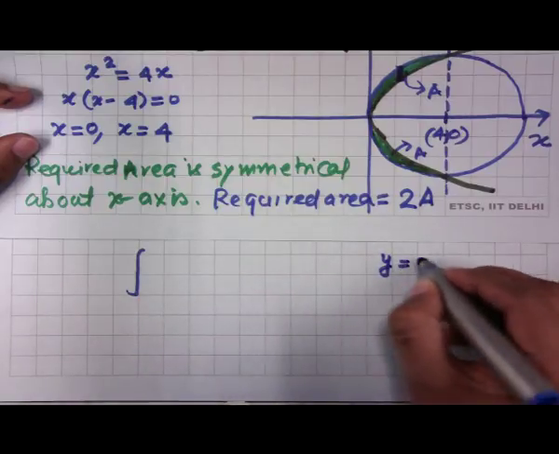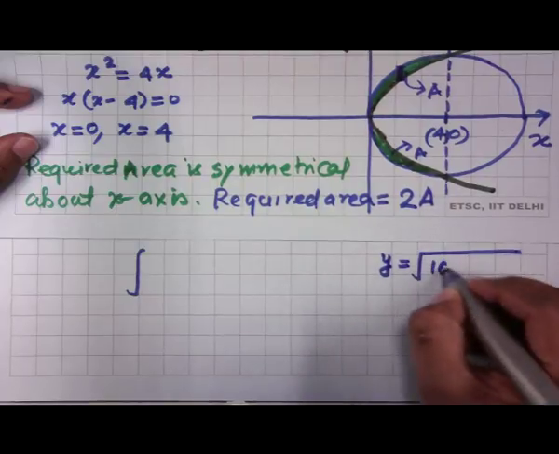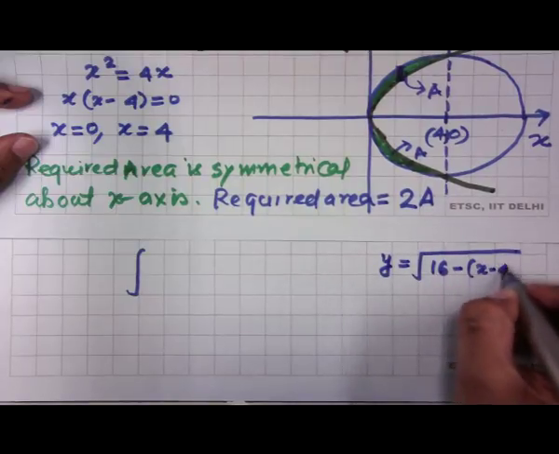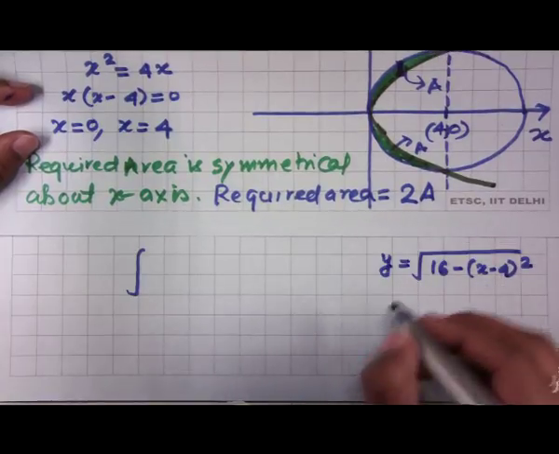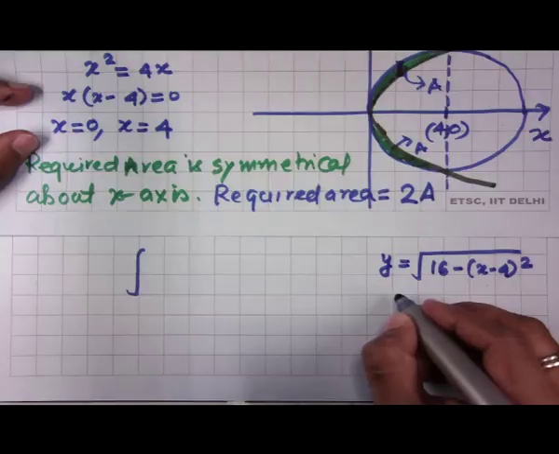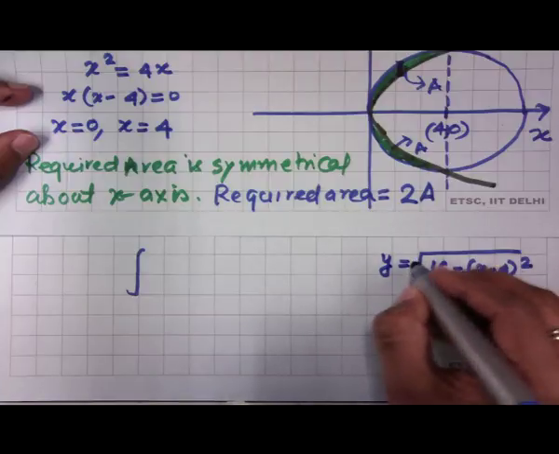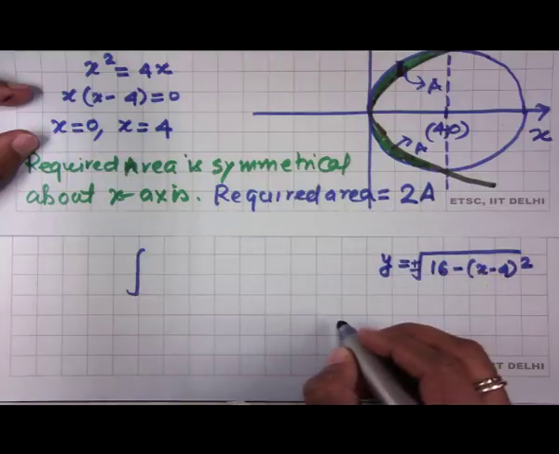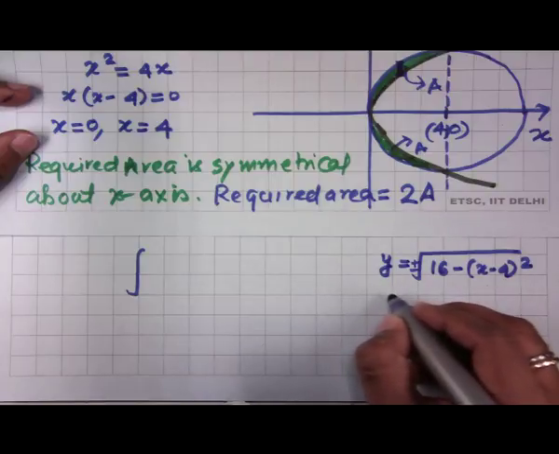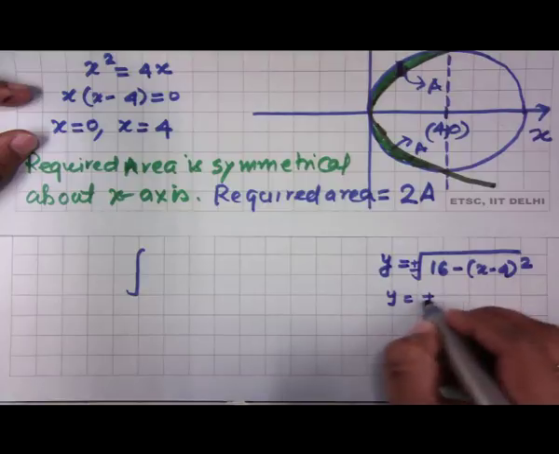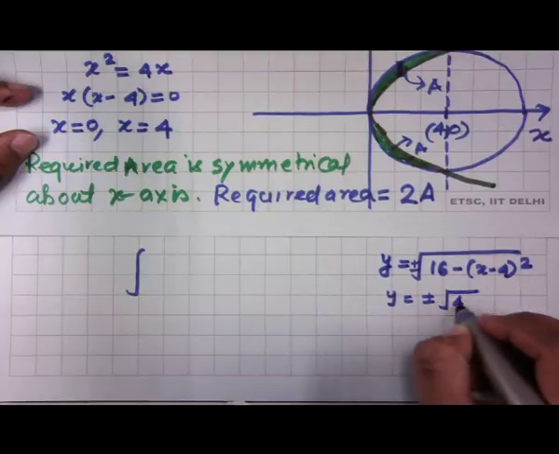So, you get plus minus root of 16 minus x minus 4 square, and y equals to plus minus root 4x.